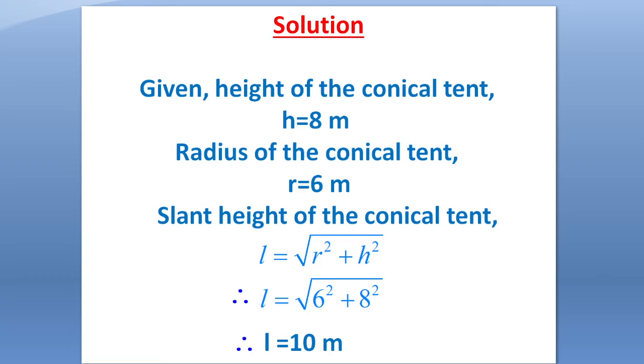So first let us find out the slant height of the conical tent: l is equal to under root r square plus h square, which is under root 6 square plus 8 square. 6 square is 36, 8 square is 64. 36 plus 64 is equal to 100 and under root 100 is equal to 10. Therefore, l is equal to 10 meter.